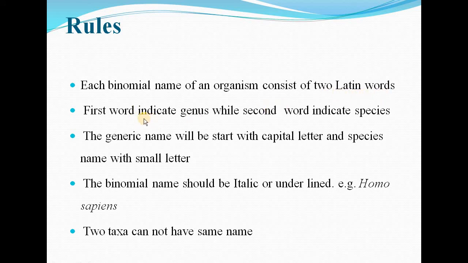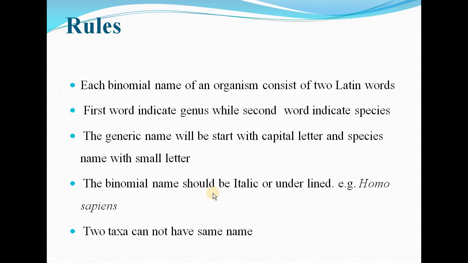The first word will indicate the genus name, while the second word will indicate the species name. The generic name will start with a capital letter. It is very important. The first letter of the genus will be capital, and the species name with a small letter.